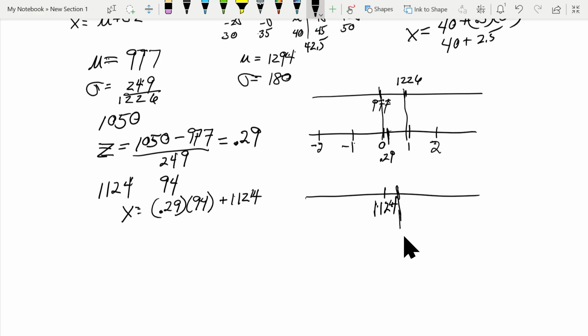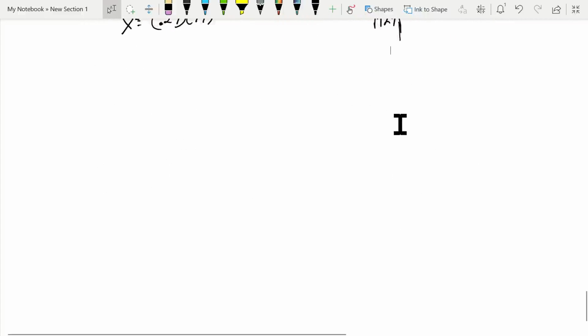All right, look at the other part of this. 1300. Both of them got a 1300. Which one had the higher score? Convert 1300 to the z-score based on the DC mean and standard deviation and the Wisconsin mean and standard deviation.